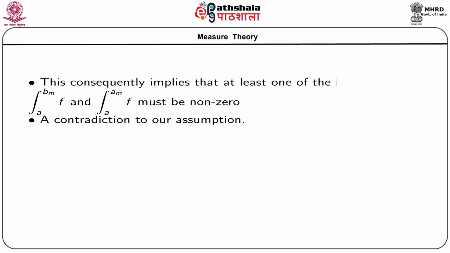So, at least one of the integral from a to b_m of f and the integral from a to a_m of f must be non-zero, which is a contradiction to our assumption, because our assumption was that for any x belonging to [a, b], the integral from a to x of f is equal to 0. So, this proves our assertion.